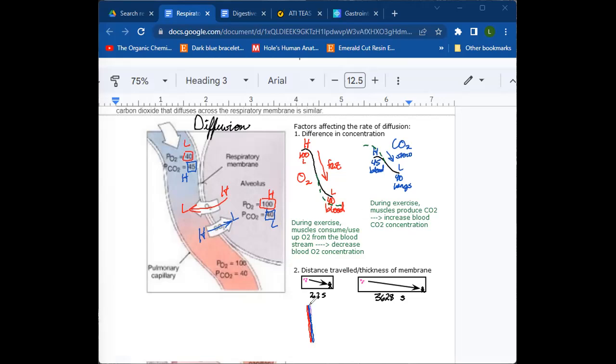And then we already know that the alveolar cells are also simple squamous. So the oxygen that's in the alveoli doesn't have to travel very far before it gets to the bloodstream. And the carbon dioxide from the blood also doesn't have to travel very far before it gets to the alveoli. So basically, this very, very thin membrane allows for very, very fast gas exchange.